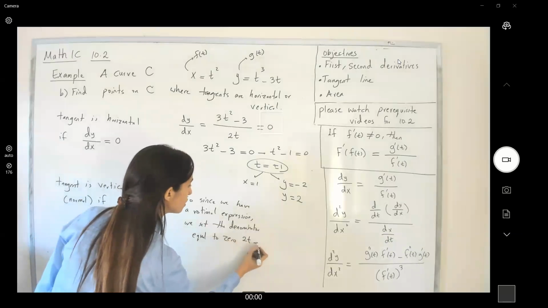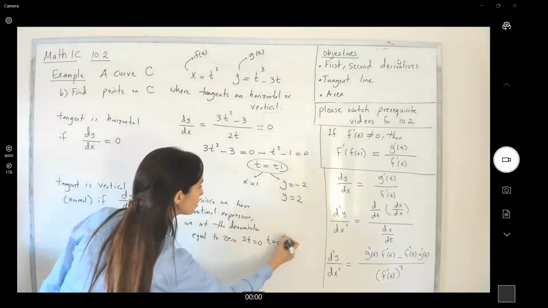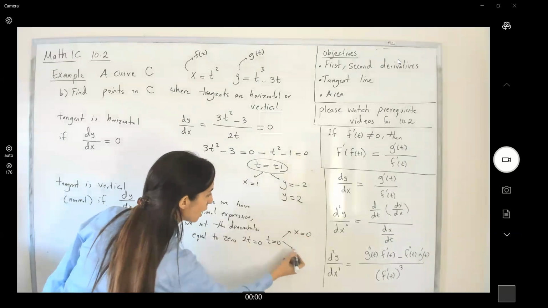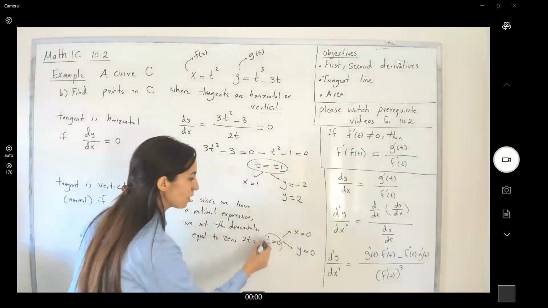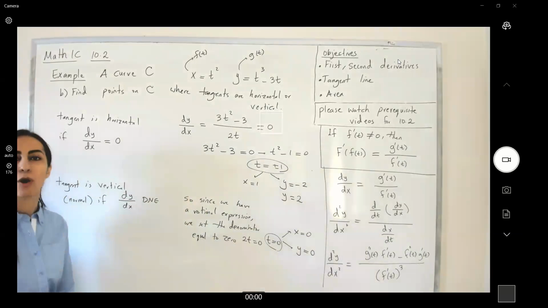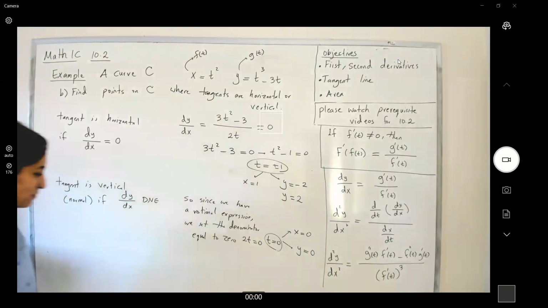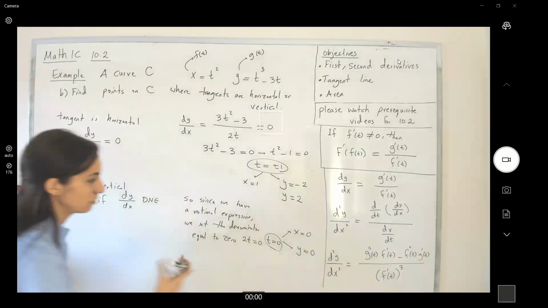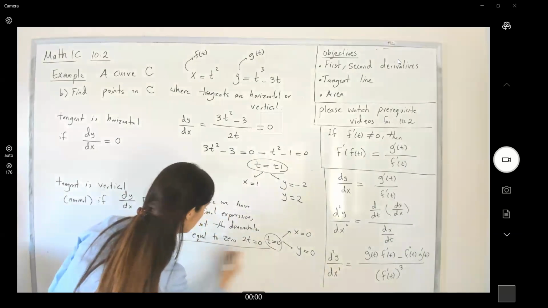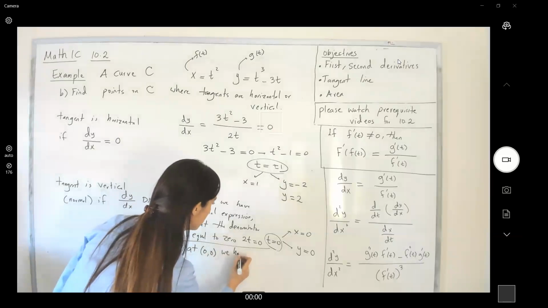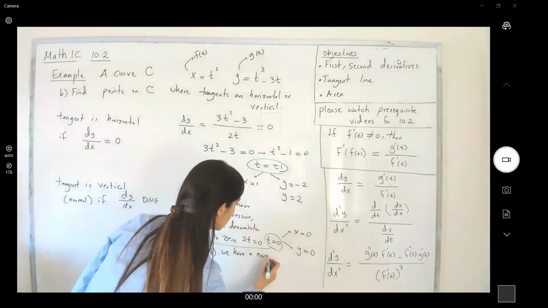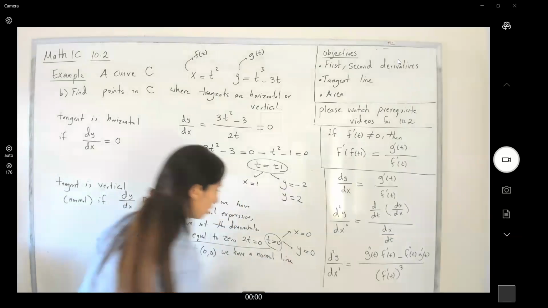So 2t is 0, t is 0, it means that your x is 0 and your y is 0. So at the origin, at (0, 0), we have a normal line.